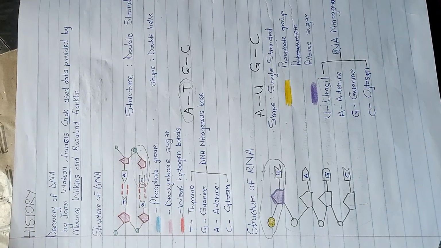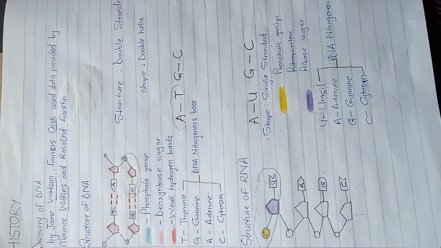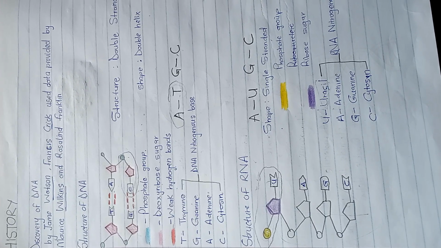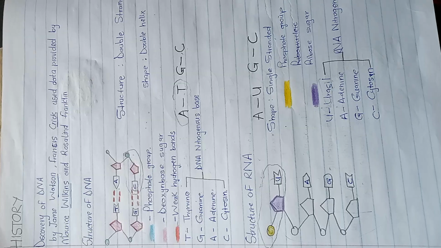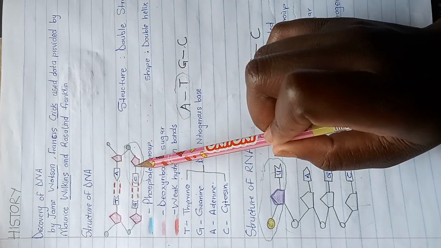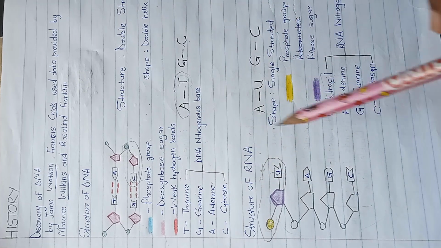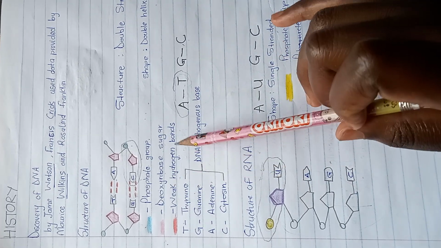These are very important. You need to note these changes down because they're examinable. They will ask you to tabulate the differences between DNA and RNA, and that is a few that I've already given you. Firstly, DNA is double-stranded, it has deoxyribose sugar, and it has weak hydrogen bonds.